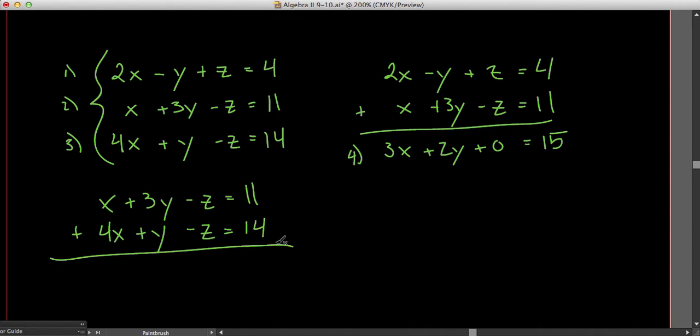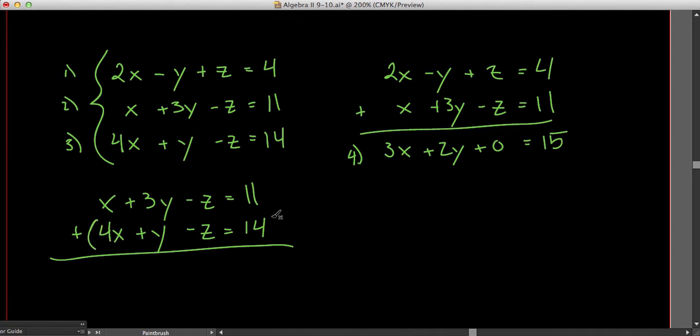Now, if I combine these using addition, I'm not going to eliminate the z variable. So what I should do is subtract the second equation or multiply the second equation by -1. Either one would be the same thing.